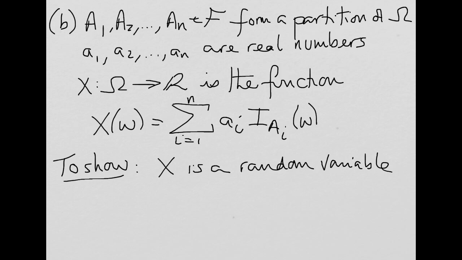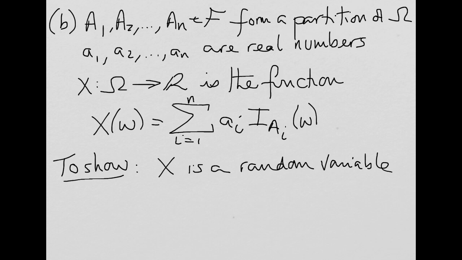So if we move on to part B of the question, part B says that A1, A2 up to AN, which are events contained in the field, form a partition of the sample space, and that little a1, little a2, little an, these are real numbers. And we have another function now, X, which is defined to be the linear combination of the indicator functions of the events A1, A2 up to AN.